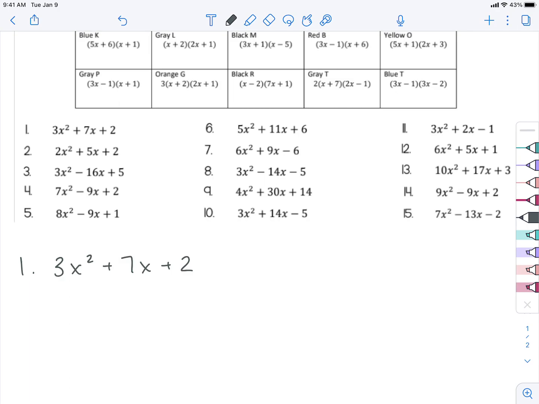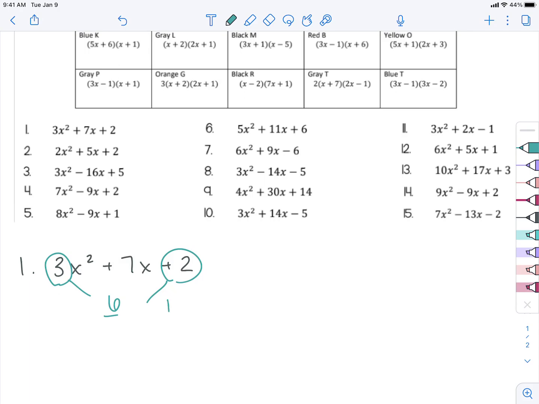And then I also know that if I'm factoring this, I need to multiply that 3 and the 2 together first, right? So I'm going to say, okay, 3 times positive 2 gives me 6.